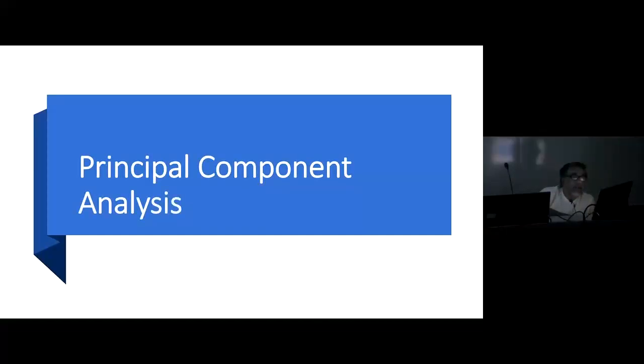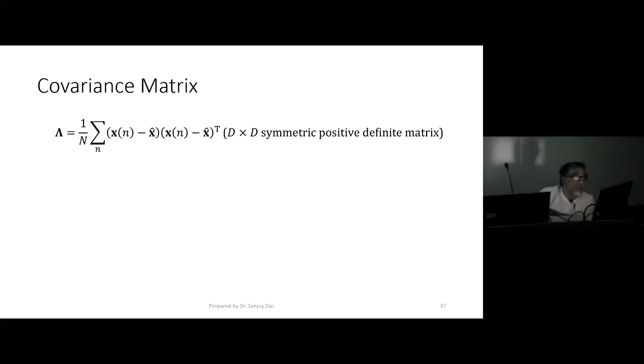Then we apply principal components. We obtain the covariance matrix of all our sample points. Again, this is the sample covariance matrix, not the covariance matrix of the Gaussian distribution. MATLAB has the command cov that does covariance, but you can also use my expression.